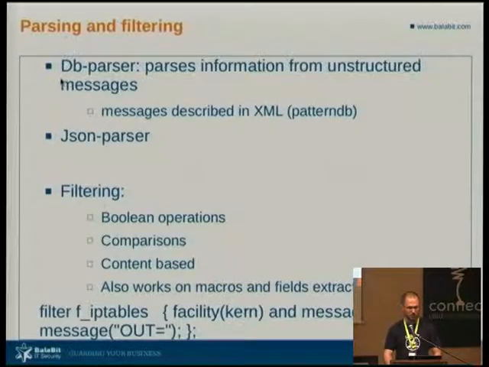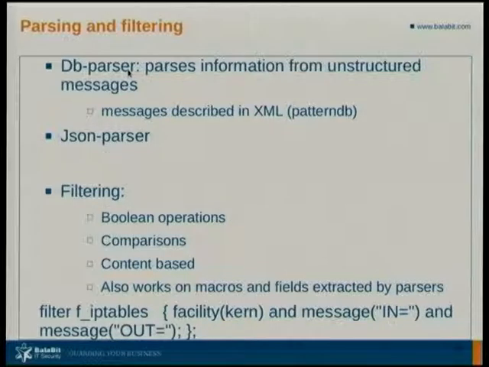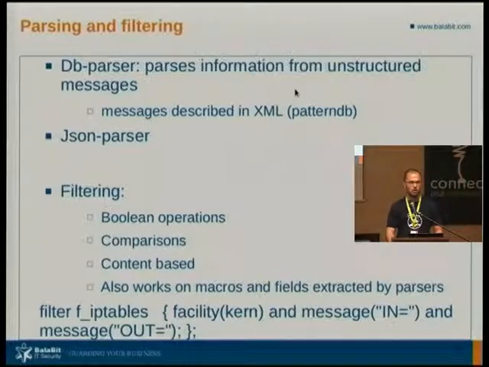The next parser is DB parser, or often also referred to as pattern DB, which is the database behind DB parser. It can parse information from unstructured messages like the SSH login or other log messages.